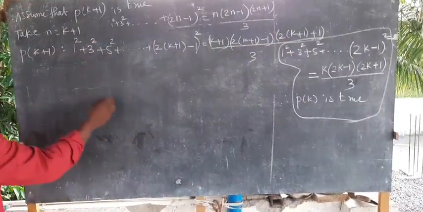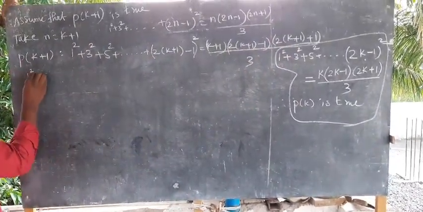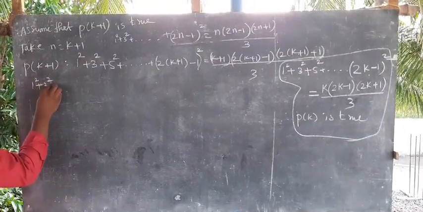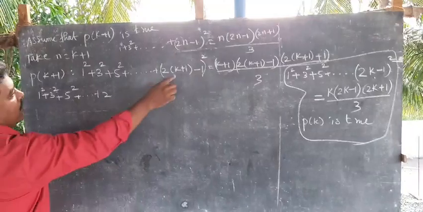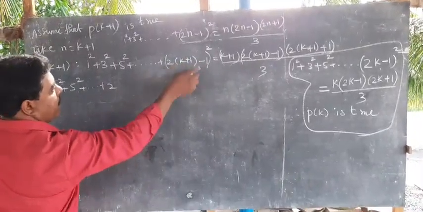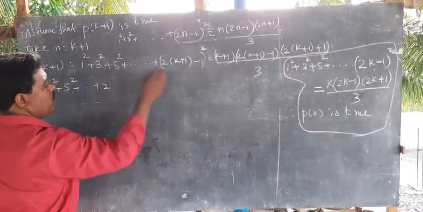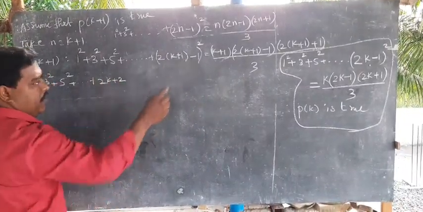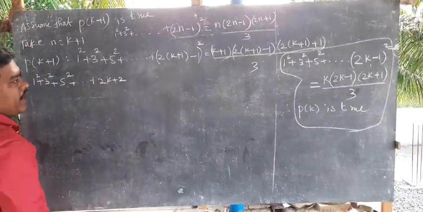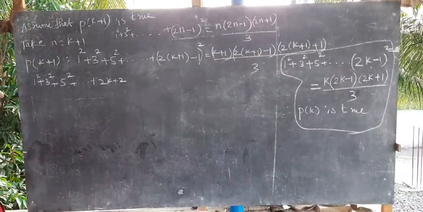So what are we getting? 1 square plus 3 square plus 5 square plus and so on plus k plus 1, 2 into k plus 1, 2k plus 2, then minus 1. So 2k plus 2 minus 1 means what?